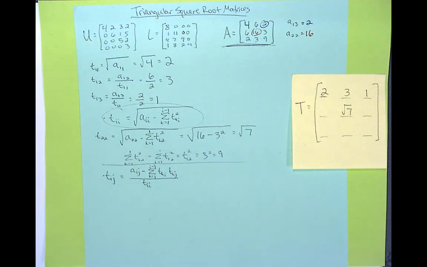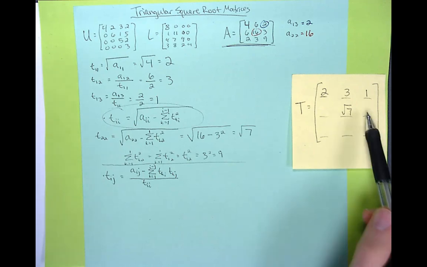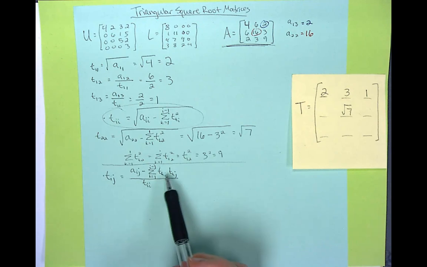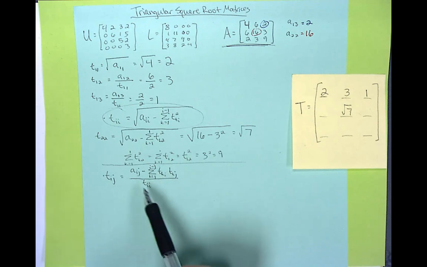So, let me try to explain this in words, and then we'll do an example. So each remaining entry in the row to the right of the diagonal, okay, so just this one for now, is found by taking the corresponding element in A, subtracting a quantity from it, which is this quantity, and then dividing the result by the just computed diagonal element for that row.